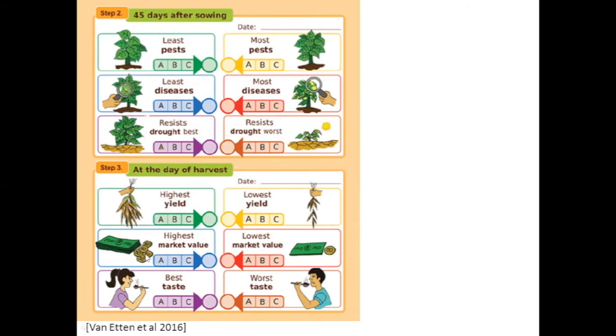Here's a big one with high market value, one with low market value. So some pictures to try and illustrate what they mean. Remember, in their scheme, farmers compare 3 options, which they call A, B, and C, and you just have to say which is the best and which was the worst. So it's extremely simple data collection, using words and collected in a way that farmers can easily understand.